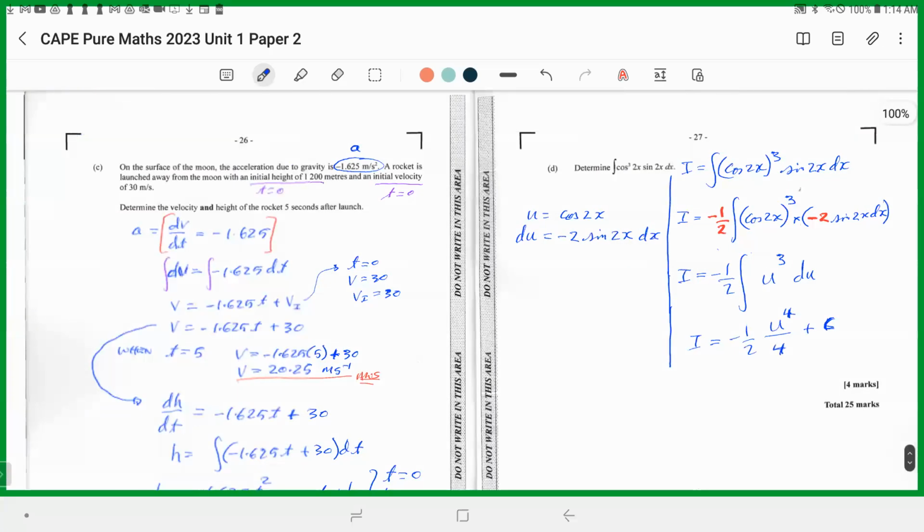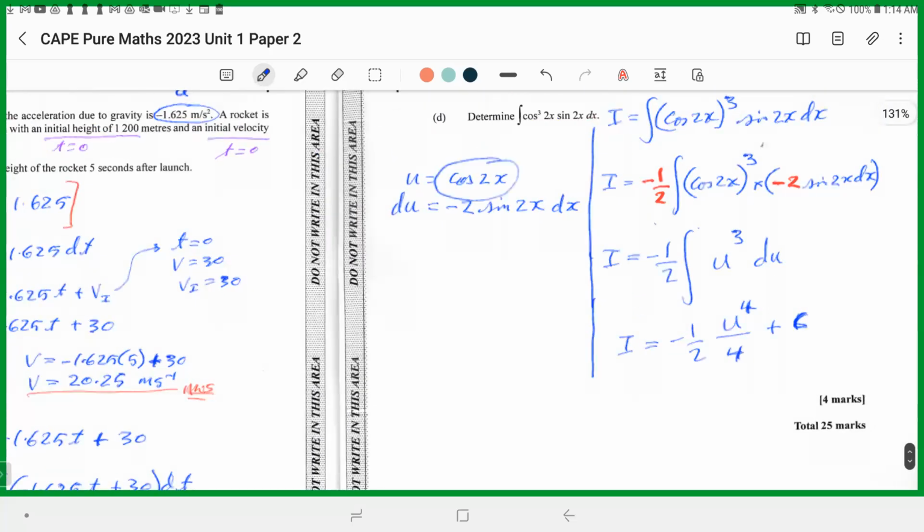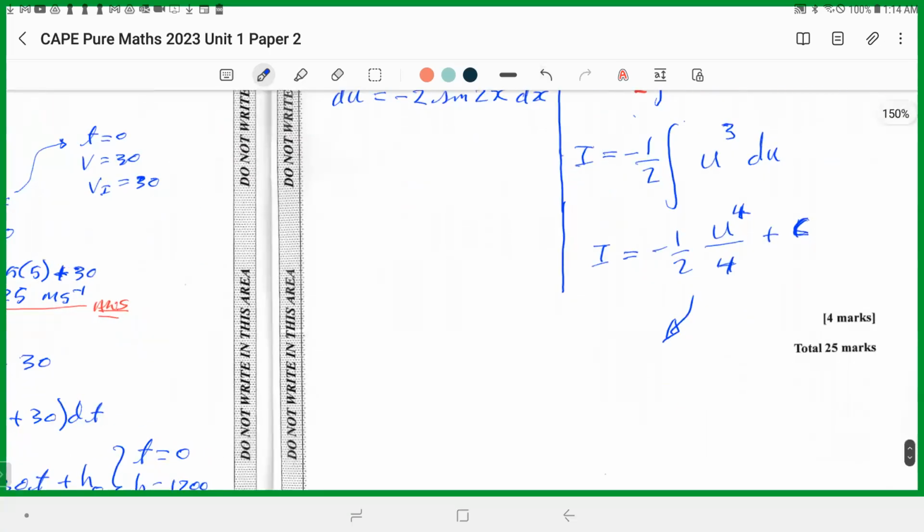And that's it. You can just continue down here. It's just a matter now of substituting back for the u inside here. So the final answer: this and this give me 1/8.